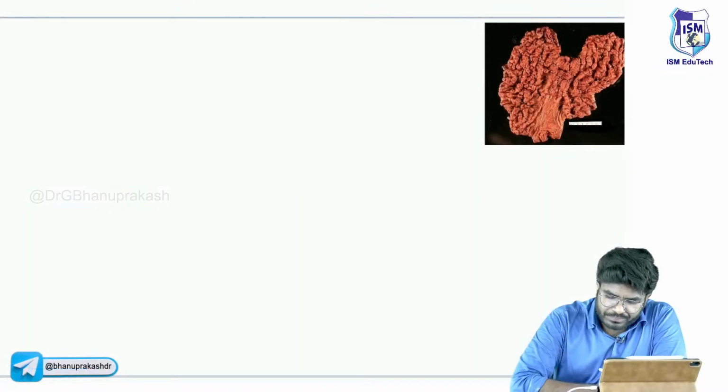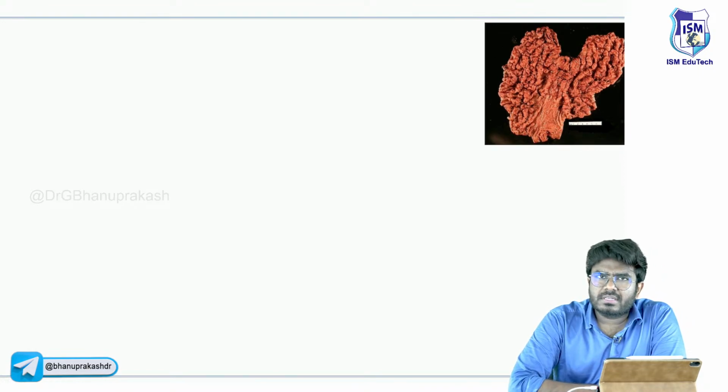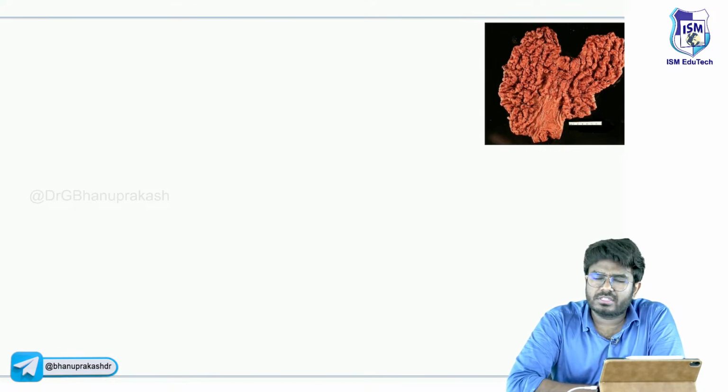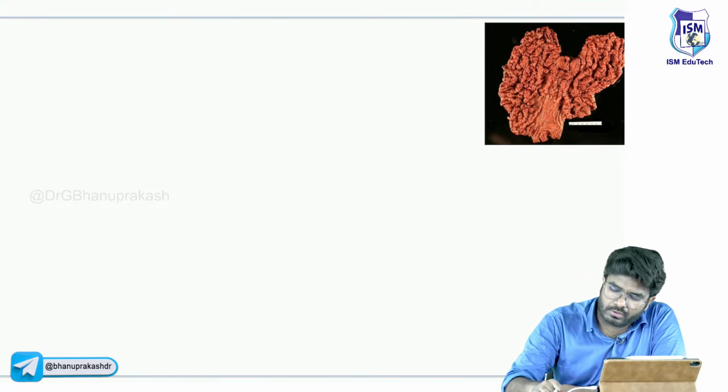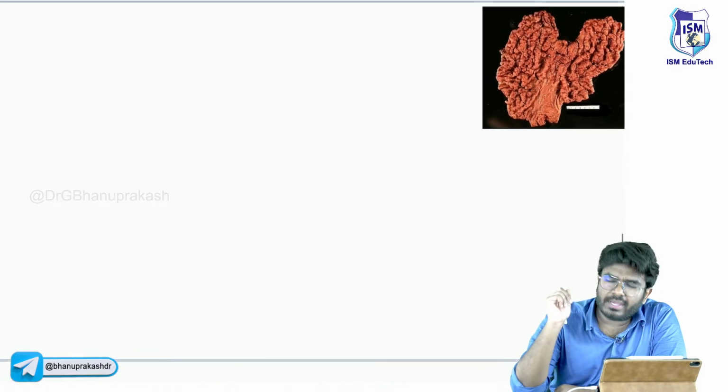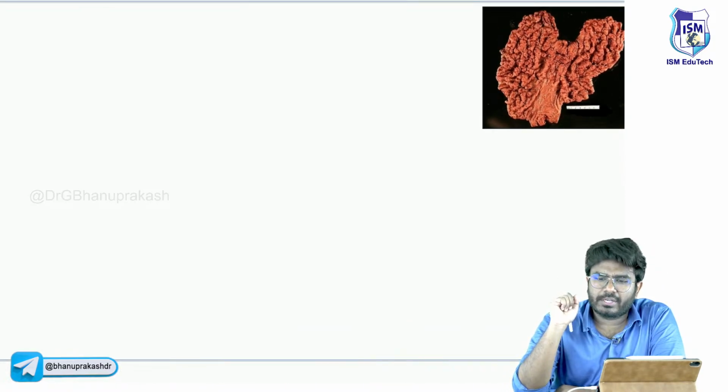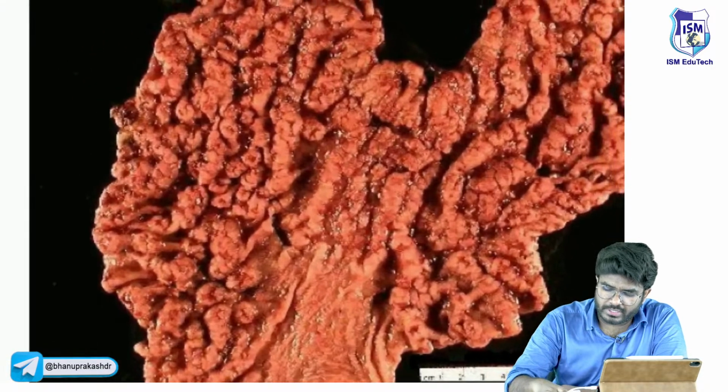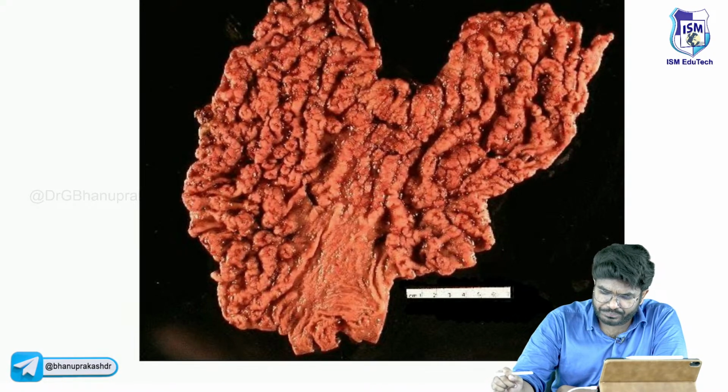Now let's begin with the problems that occur in the stomach, the gastric pathologies. Esophageal pathologies are completed. Look at the topmost image, which is the stomach. Here the stomach looks like a brain.